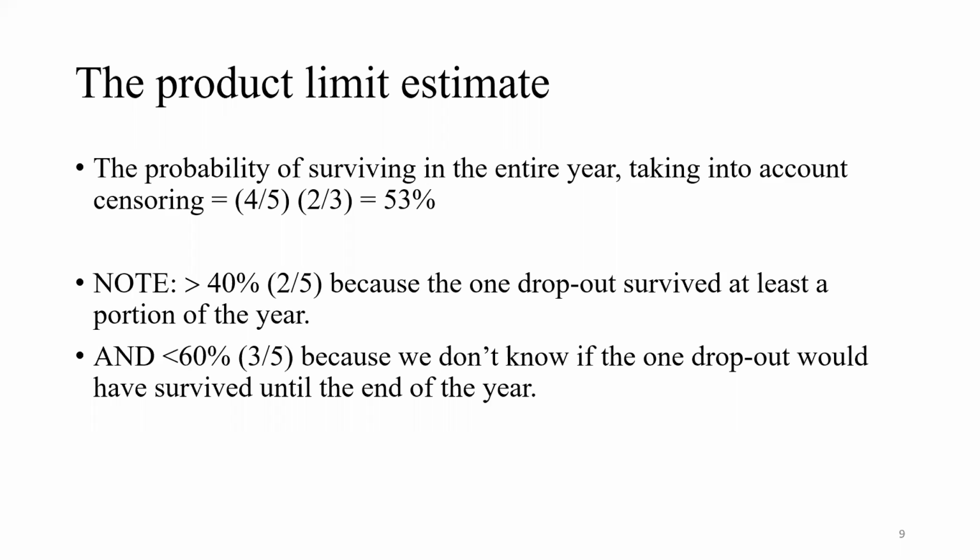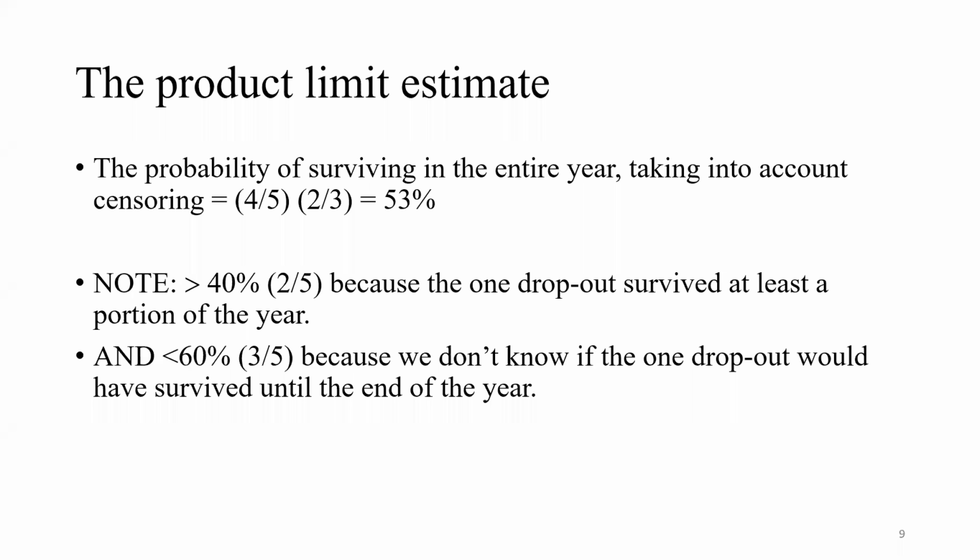But it is slightly higher than that, because we don't know what happened with that patient lost to follow-up. And it is less than 60%, because if we count only the events that happened, it was 2, so non-events are 3, which is 3/5. But since we don't know what happened to that right-censored patient during our study, it is slightly less than 60%.